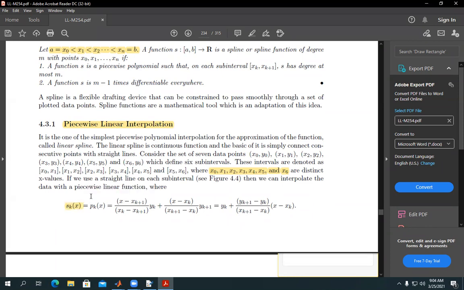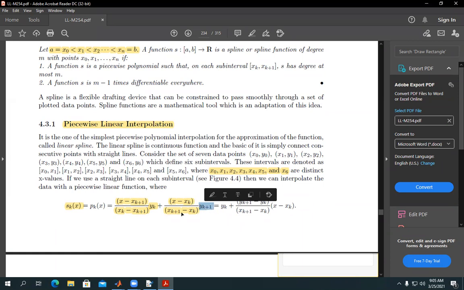But as I told you, not in one interval, but in the k-th interval. So therefore I am writing it with k. Remember, this is your L0, this is your f of x0, and this is your L1, and this is your f of x1.